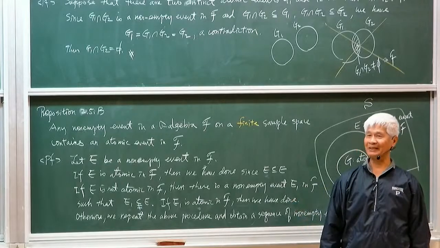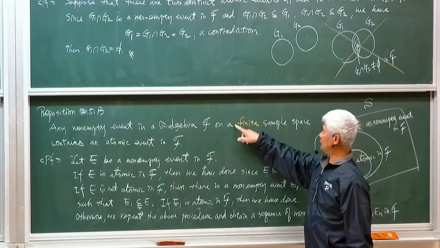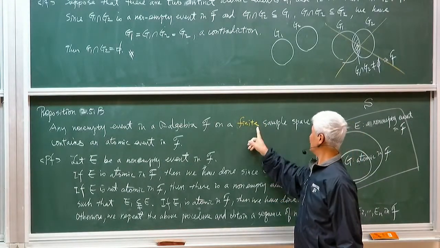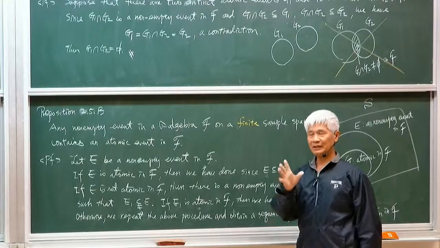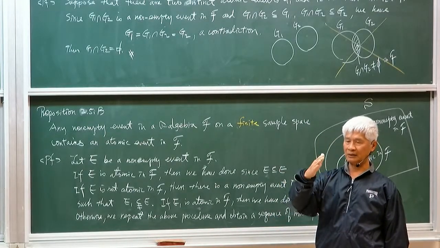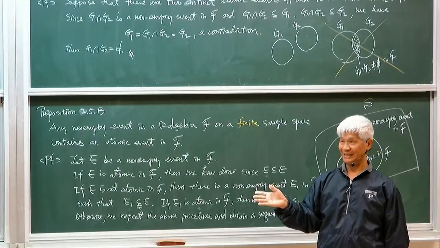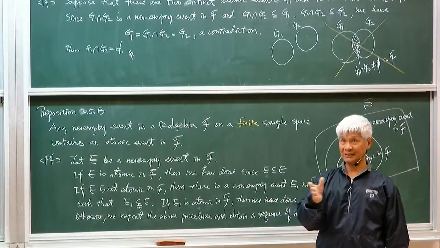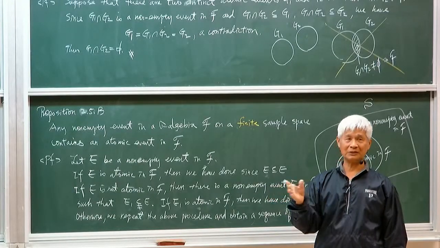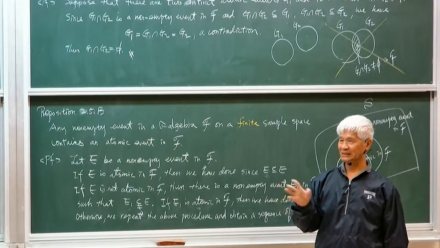But you can think about whether you are able to prove or disprove it if I replace finite with a countable sample space. Because for a countable set there are two possibilities: either it's a finite set or it is an infinitely countable set, like the set of all natural numbers. The set of natural numbers is a countable set, but it's an infinite set.